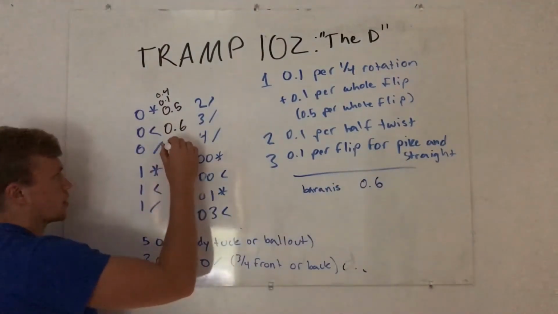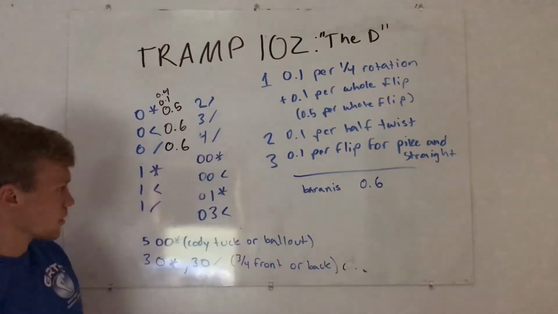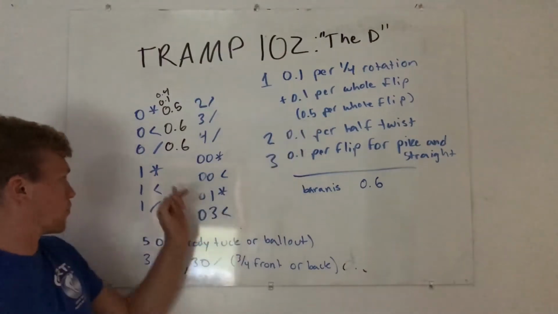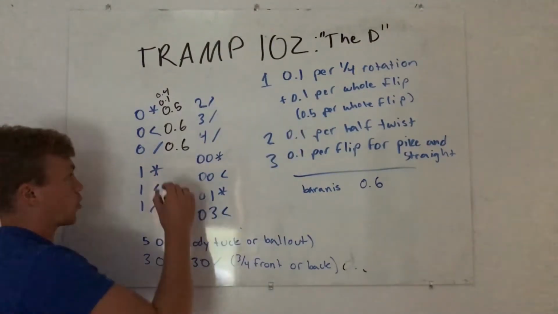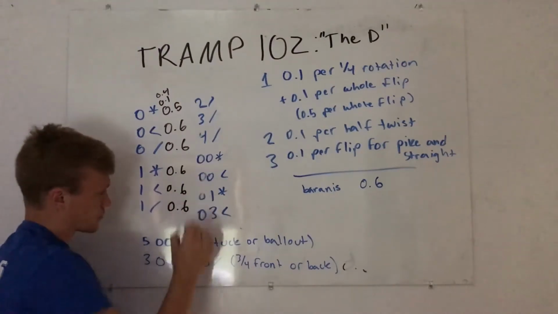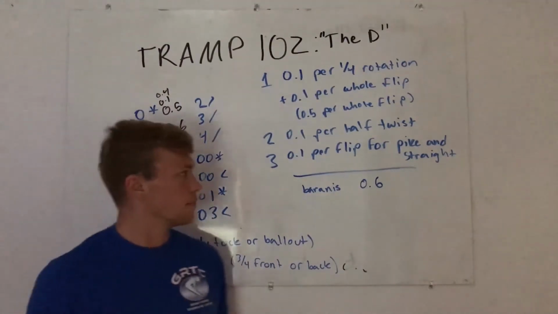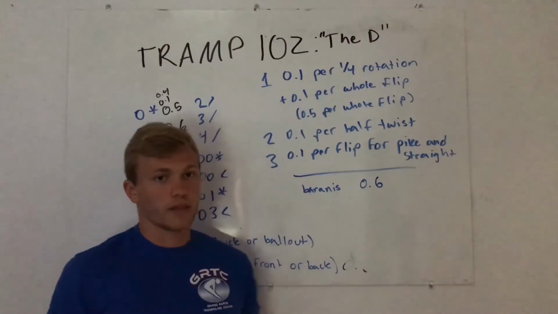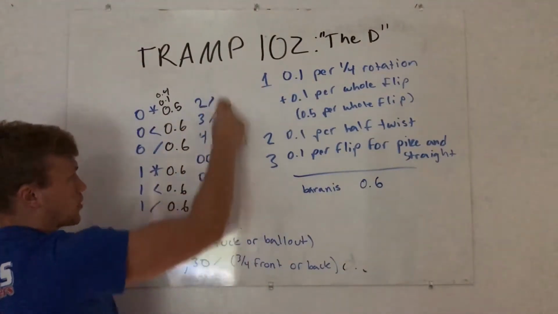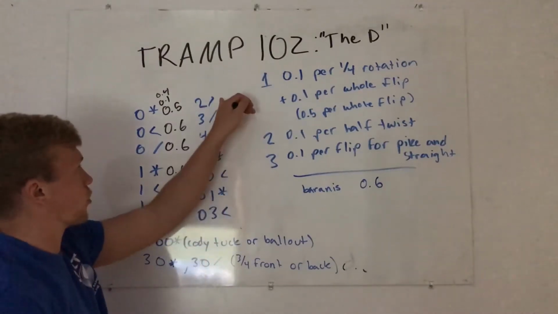Step number 3, 0.6. So one of a couple exceptions to the rule is that brannies are all going to be 0.6, even the tuck. Don't ask me why that's the case. Another exception to the rule is going to be your basic twister scales right here, the full.